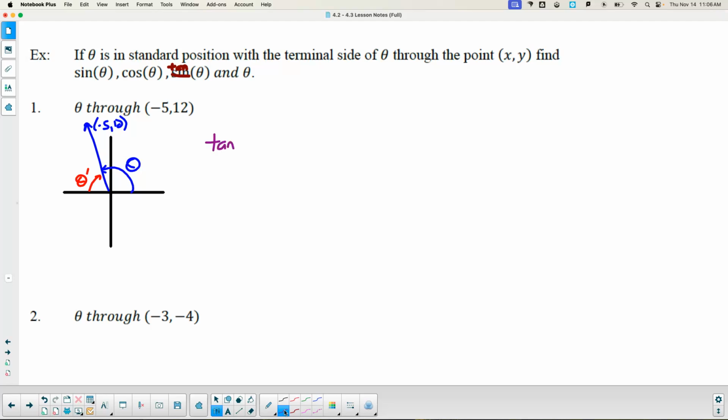So the tangent of theta prime is going to be, if I break out my triangle that I've got going on here, this side is 5, this side is 12, and theta prime is there. So the tangent of theta prime would be 12 over 5, which means that theta prime then is going to be the inverse tangent of 12/5.